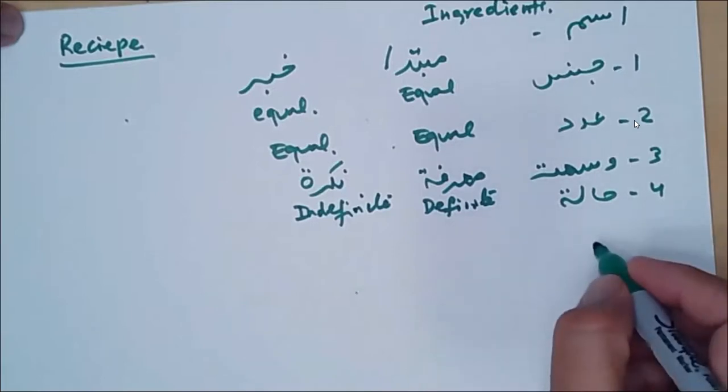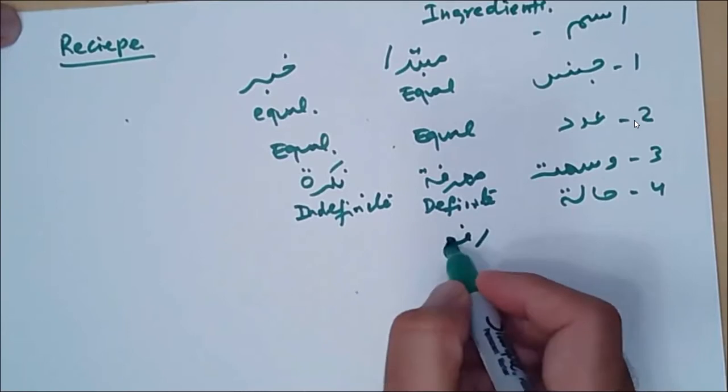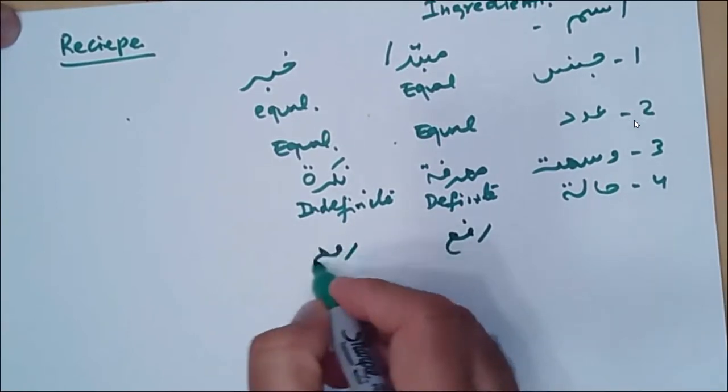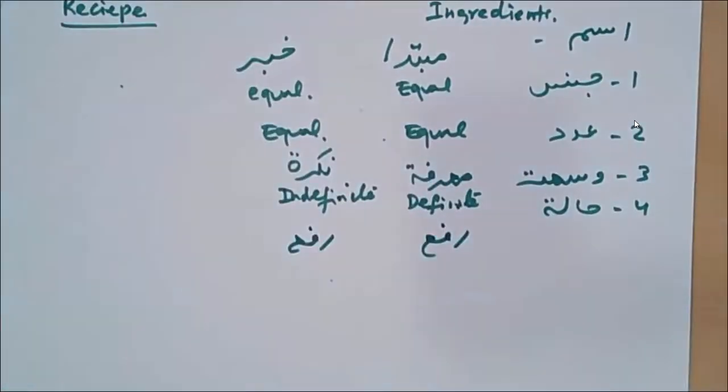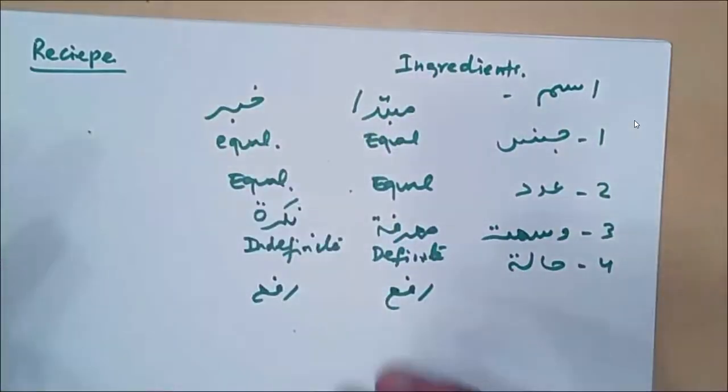Now, what is the hala? In the hala, the mubtada is going to be in a state of rafa, and the khabar will be in the state of rafa. Take a minute to absorb this information, because this is our recipe. We are going to take these ingredients and apply this recipe and we get our first sentence.